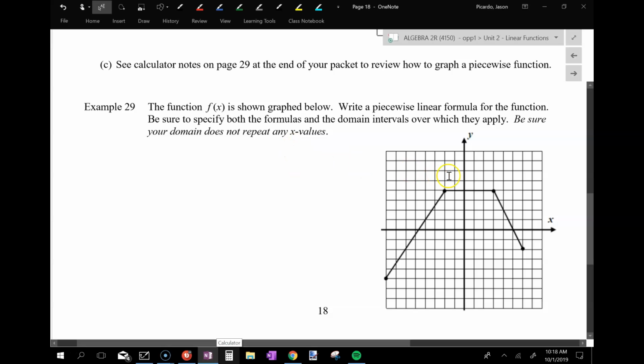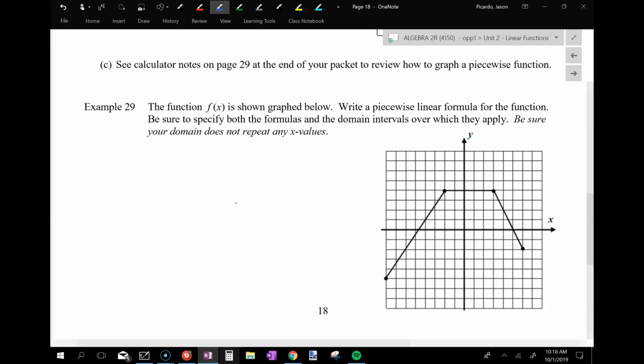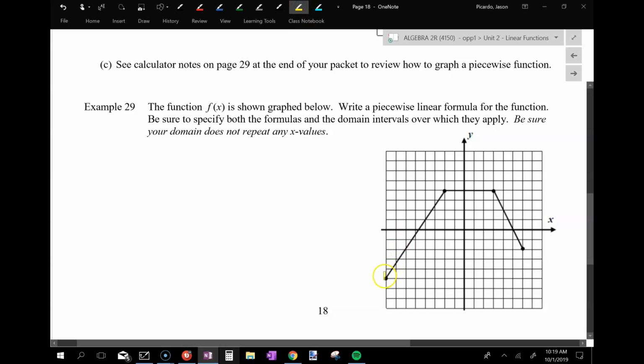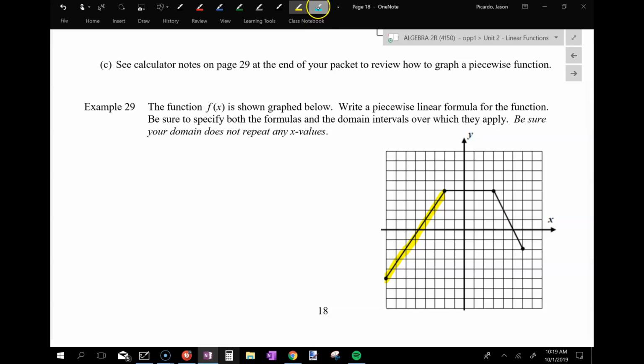Here's what I want to do here. Here I want to actually create the function. And how many pieces are there? Three. There's 3 pieces, right? There's this yellow piece. There's this blue piece.